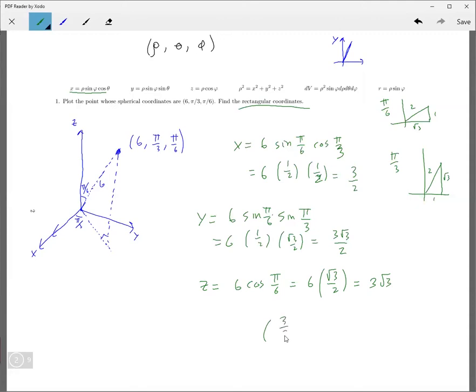Okay, so we have 3 halves, 3 root 3 over 2, and 3 root 3.